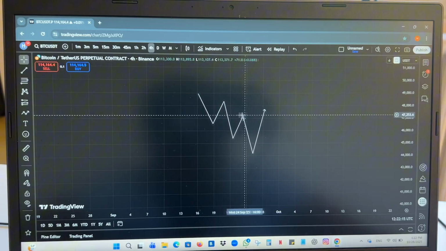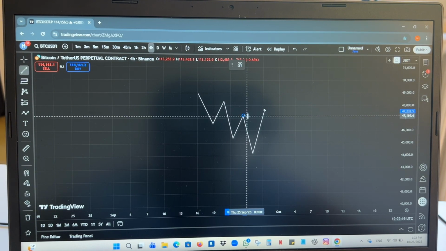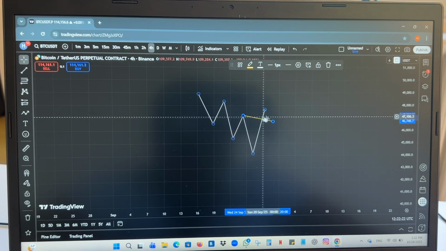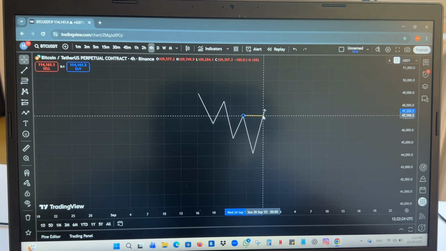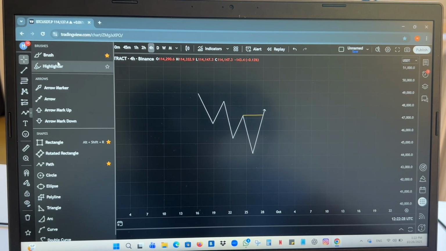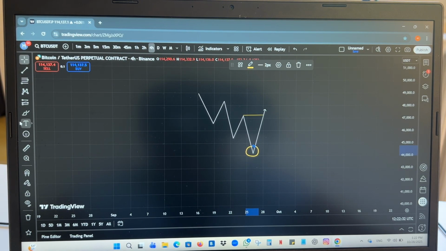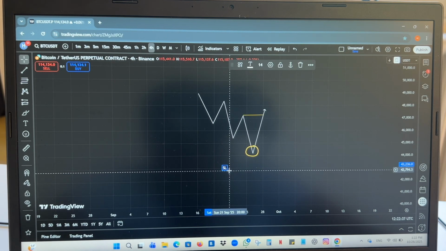It made a shift, hunting this high. Just mark it down, and right there you have a confirmed swing low.